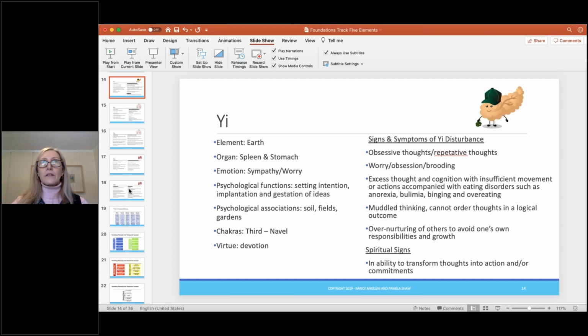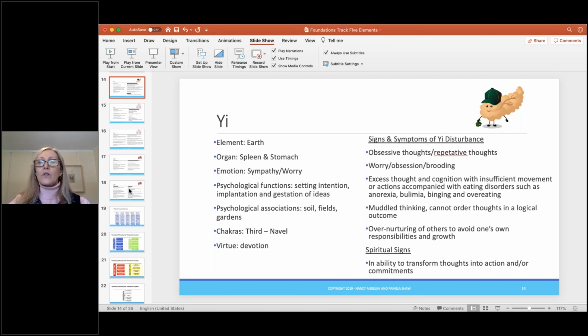Lots of plants. We have a lot of earth types as herbalists. That makes sense, right? The chakra is the third, it's the navel chakra. And the virtue is devotion, right?